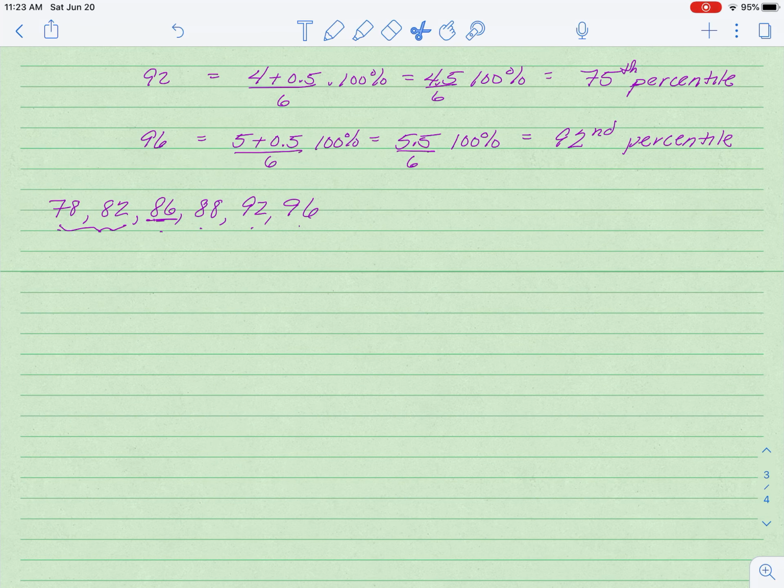I want to ask the question, what value would correspond to the 50th percentile?